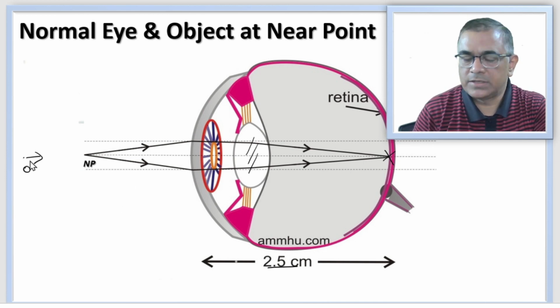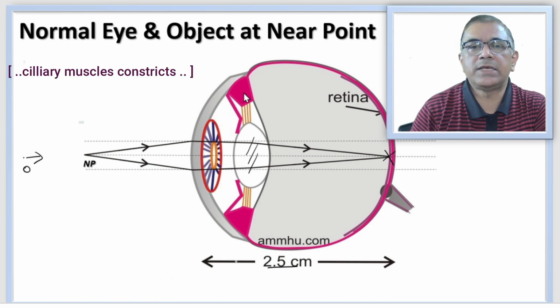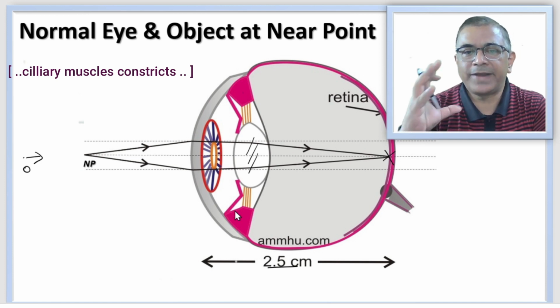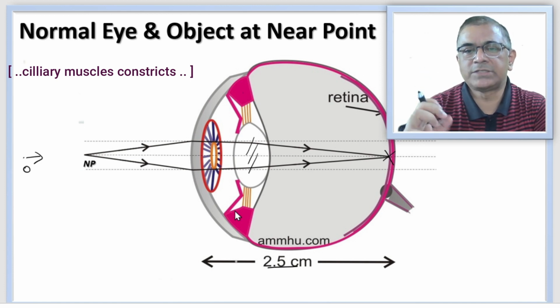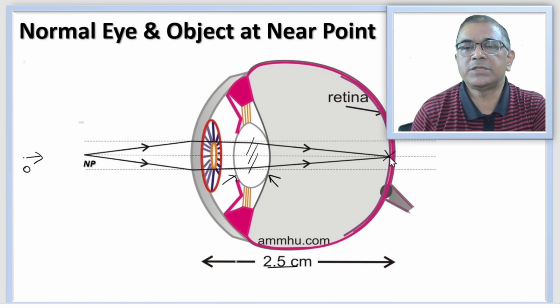When the object is brought closer towards the eye lens, the ciliary muscles contract. As these contract, the radius of curvature of the eye lens changes from both sides to ensure the focal length changes just enough and the image is formed at the retina.